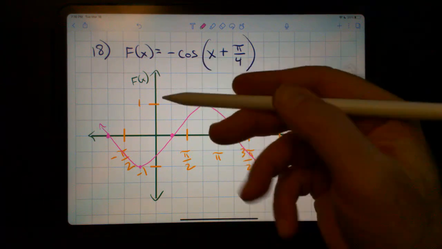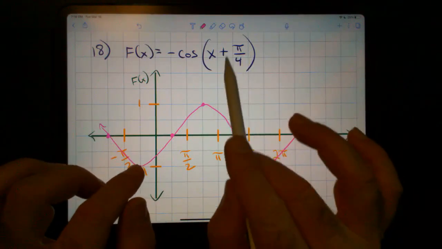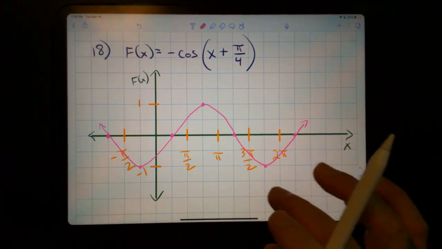So again, it's the cosine function, but it's reflected about the x-axis, and everything is shifted to the left pi over 4 units, pi over 4 radians.